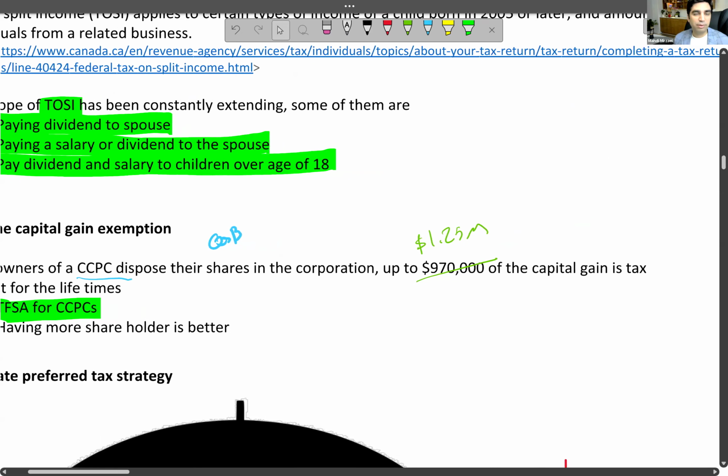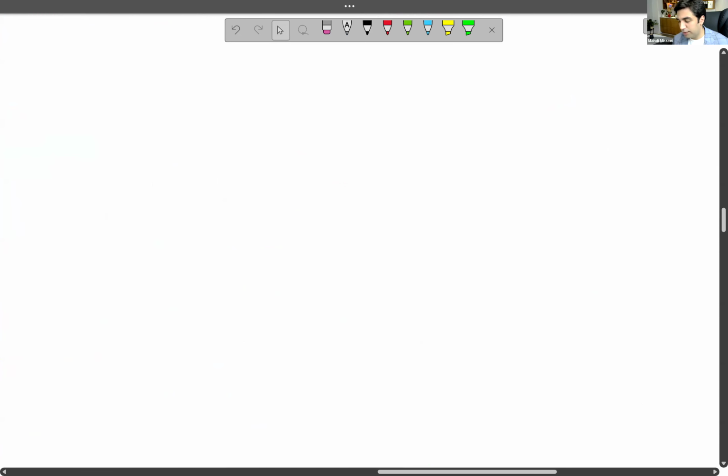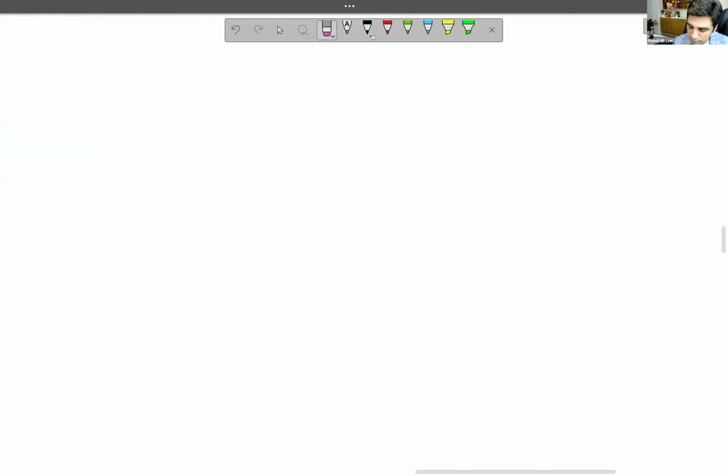So this is mostly the basic stuff about the corporate tax. And I want to explain another thing about the corporate tax, which is called the double tax trap.